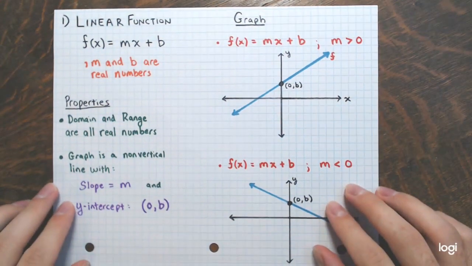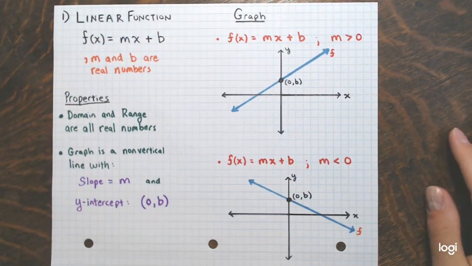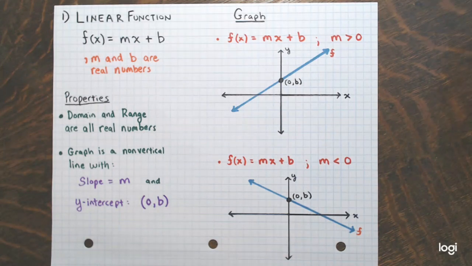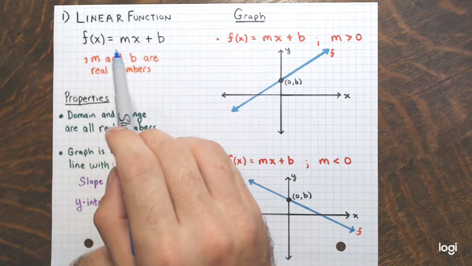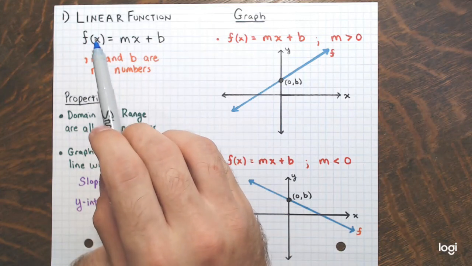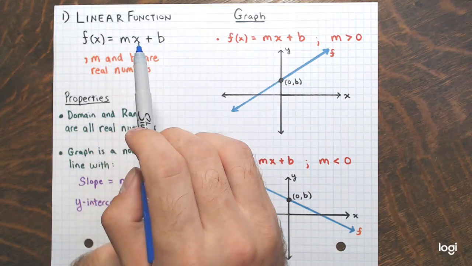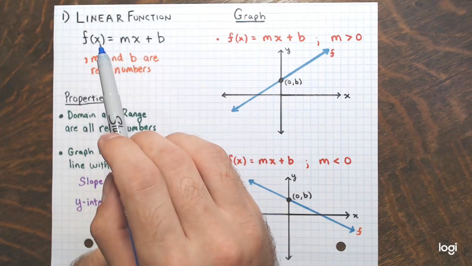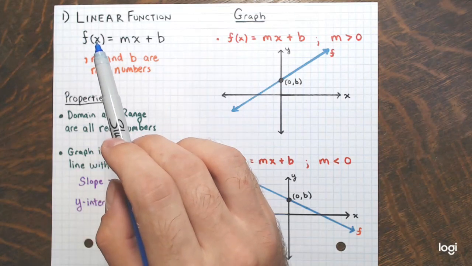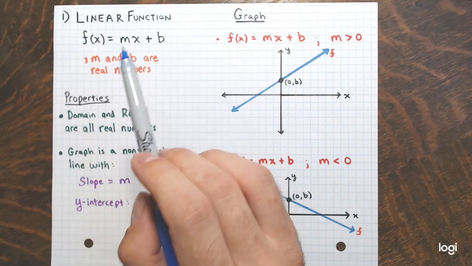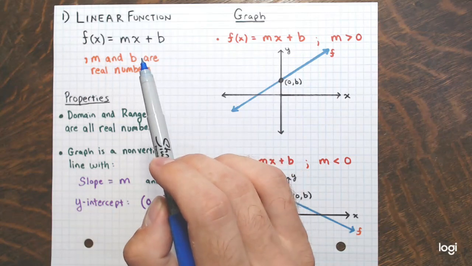So the first of these is your basic linear function. I'm not going to be doing a lot of writing here, I have everything pretty much written out already. I'll just be following along. So your basic linear function takes on this form, f of x or y equals m times x plus b, where x is the input, the independent variable, f or y is the output or dependent variable, m and b are real numbers.